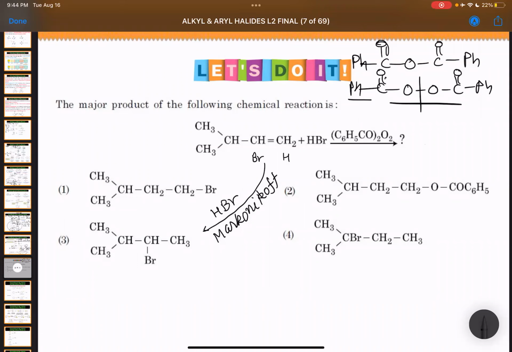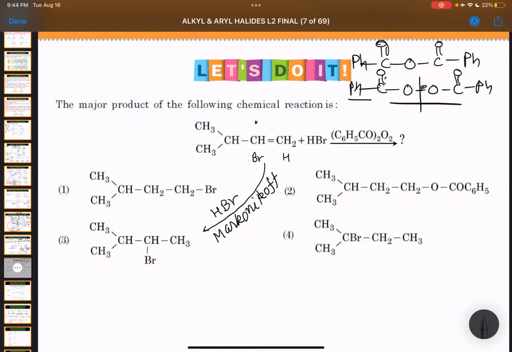So these peroxides, with light, break very easily to give O radical. That O radical takes the H and gives you Br radical. The Br radical will join itself to the double bond such that a radical is formed on the inner carbon, and there the H gets connected.